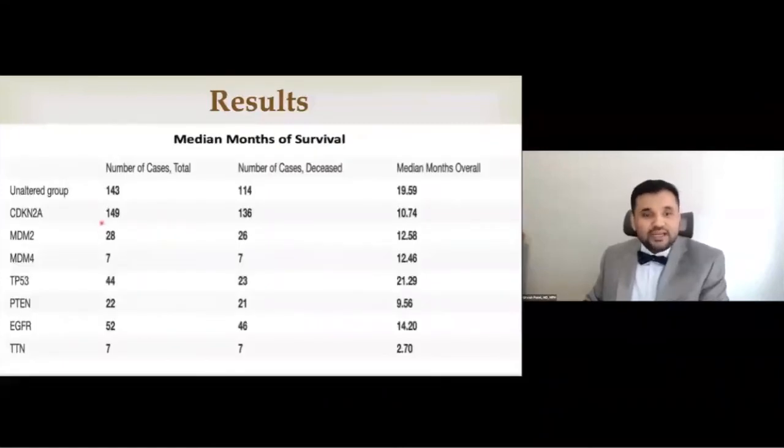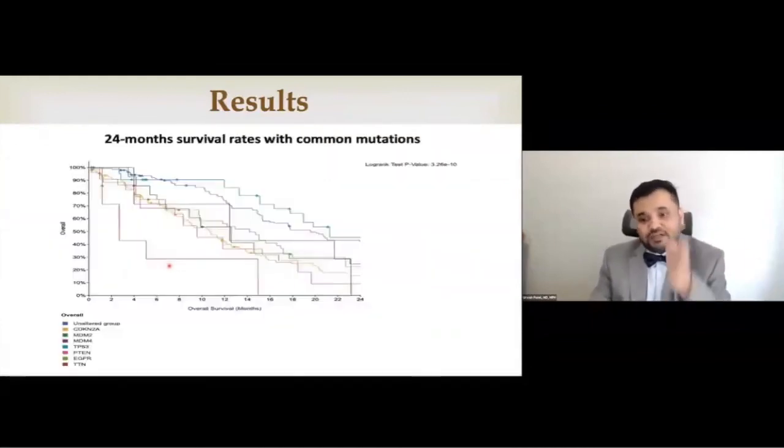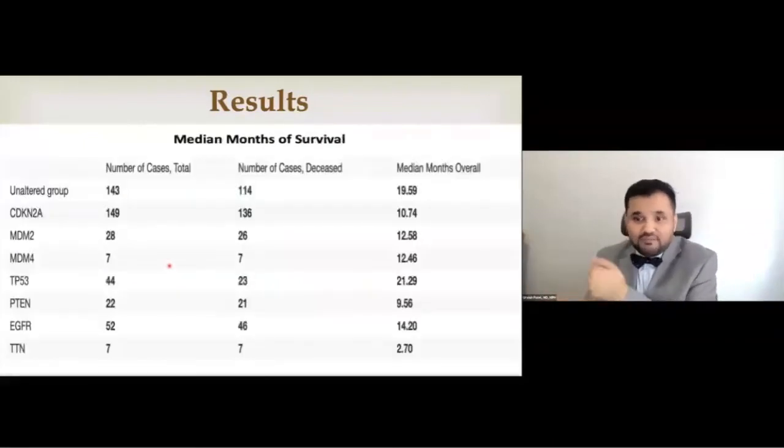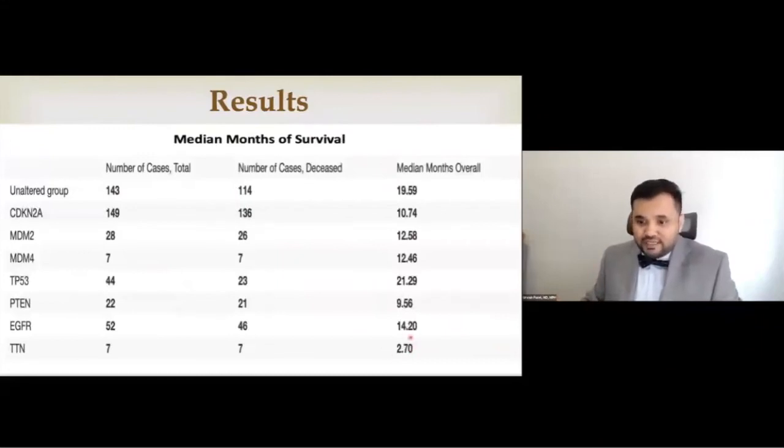So now we have the list of genes from CDKN2A, MDM2, MDM4, all the way to TTN, where we can identify median survival. The Kaplan-Meier shows how many patients were alive or dead after 12 or 24 months; compared to that, here, for those who were alive, what was the median month of survival? You can see the TTN gene has a median of 2.7 months overall.